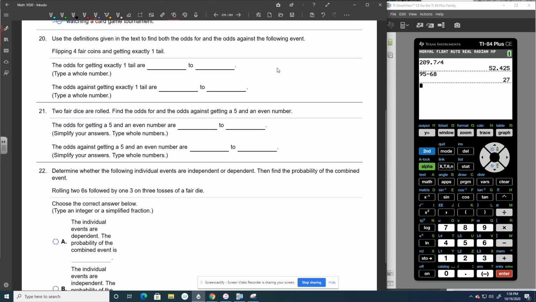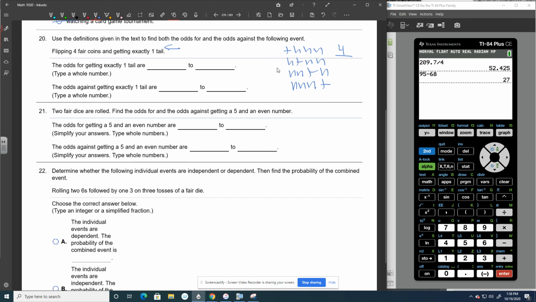If I only want to get exactly 1 tails, well, I could get a tails and then heads, heads, heads, or a heads, tails, heads, heads, or a heads, heads, tails, heads, or heads, heads, heads, and then a tails. So those are 4 different ways that I could get exactly 1 tails.